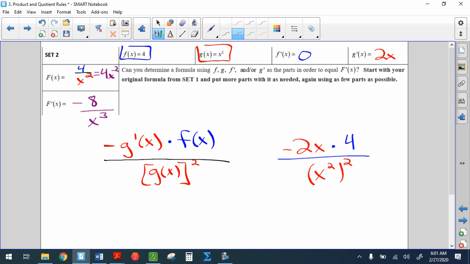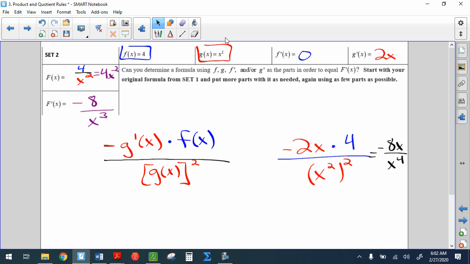So that'll give me negative 8x over x to the 4th, which is negative 8 over x cubed. So I still just did negative g prime times f over g of x squared.